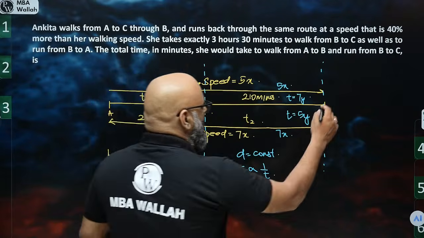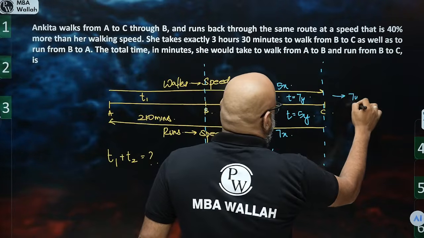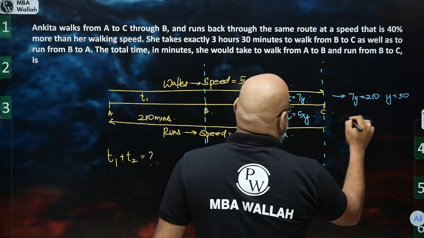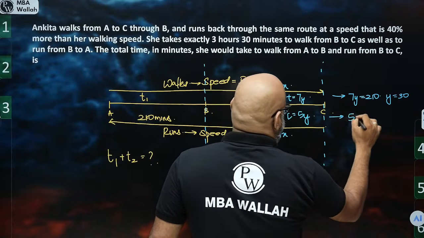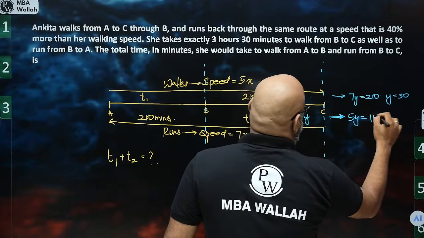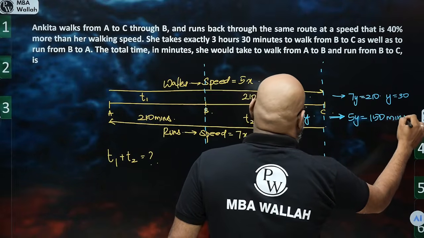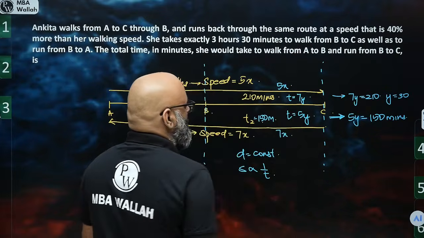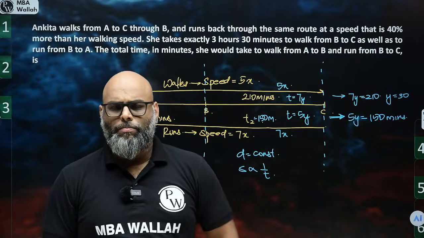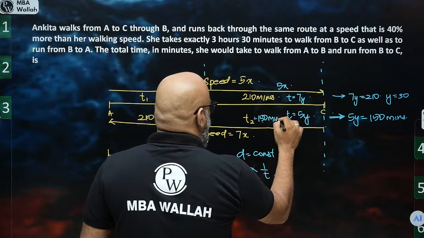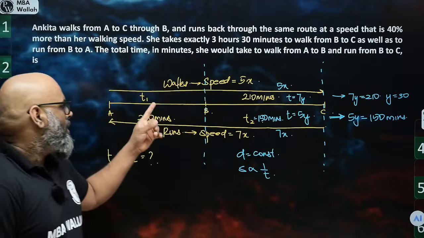So from here I can say 7y is equal to 210, y is equal to 30. So 5y is equal to 150 minutes. So T2 is equal to 150 minutes. Done. I have T2. Now I'm going to do the same thing over here and use the same logic here.